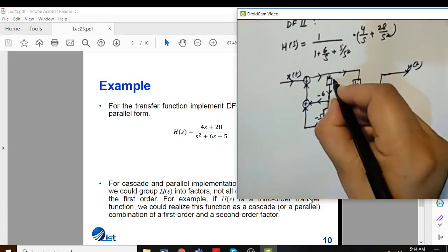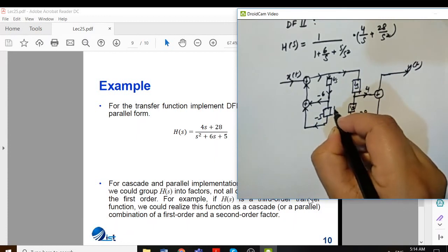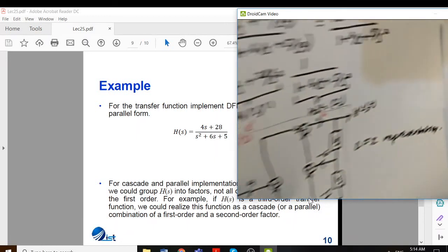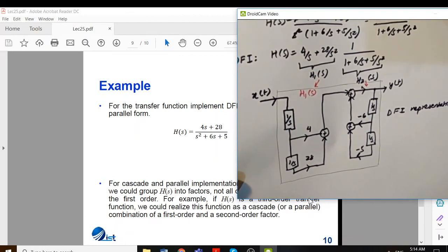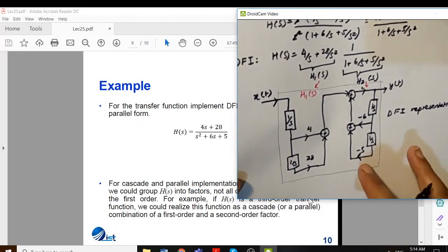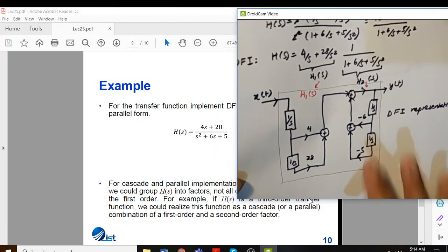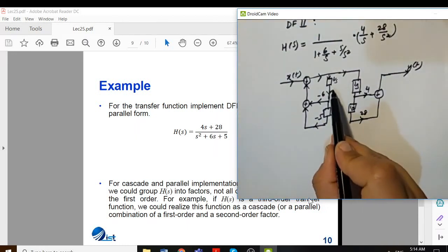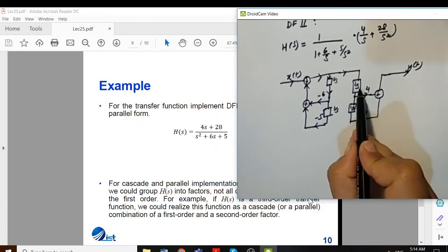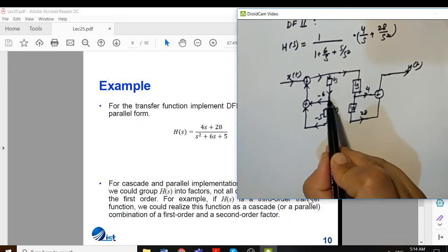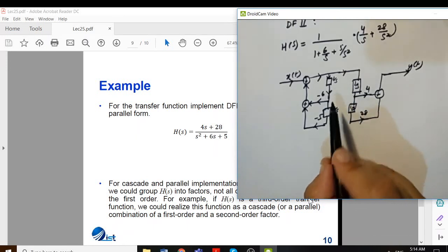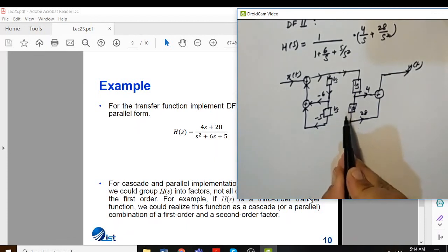This block is 1 by s and this block is also 1 by s. I'm going to bring the figure again. You can see that I have just taken this block here and this block here. Now we observe that 1 by s is here and here. So what we can do is replace this operation by a single integrator and this operation by a single integrator.